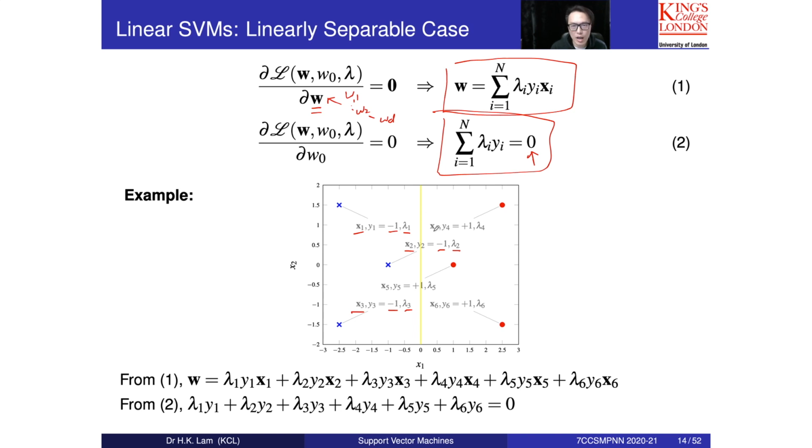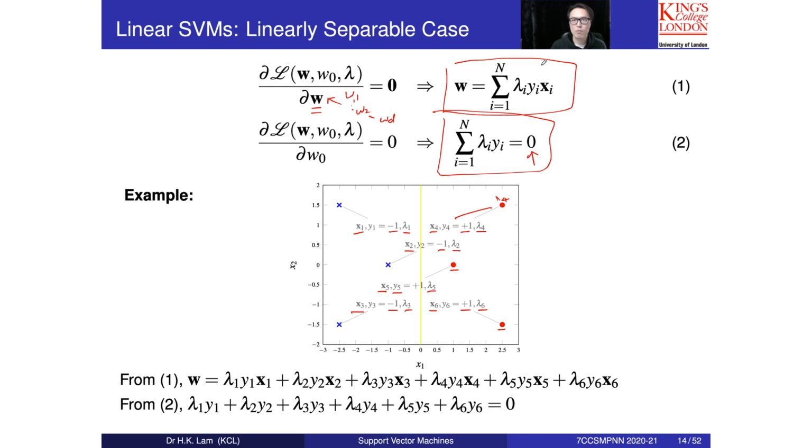Now this is x4, with the label +1 and the Lagrange multiplier lambda 4. This one we call x5, with the label +1 and lambda 5. This one is x6, with the label +1 and the Lagrange multiplier lambda 6.